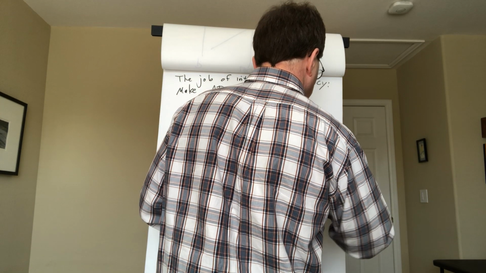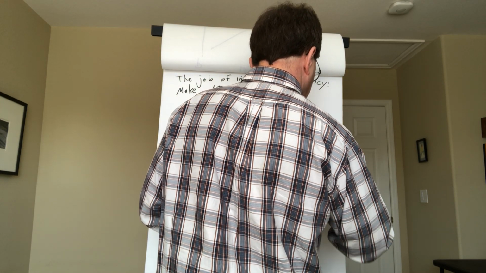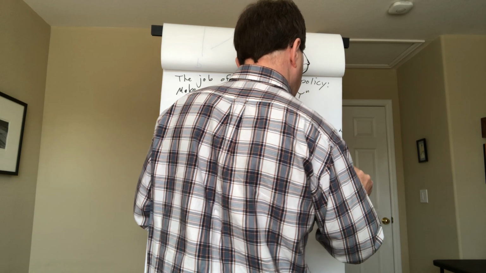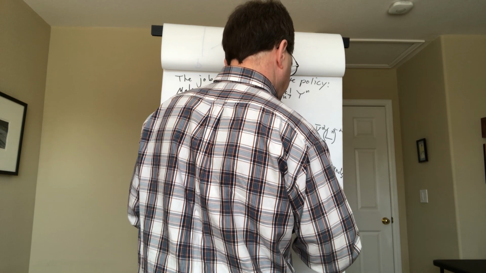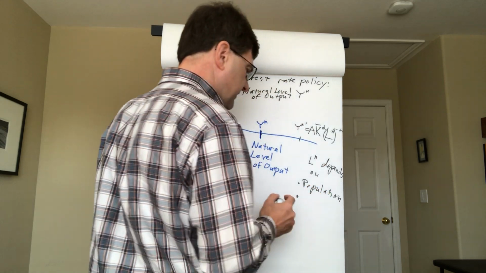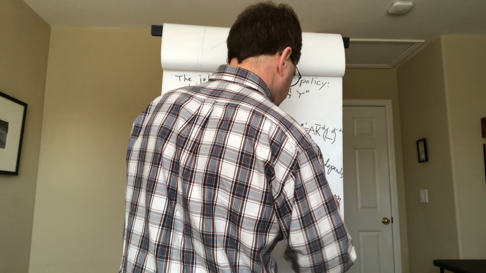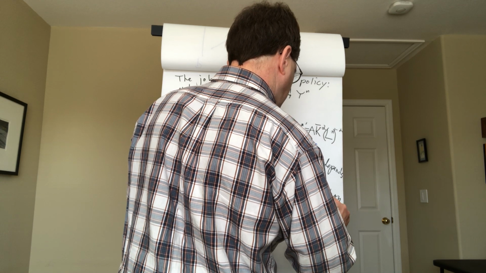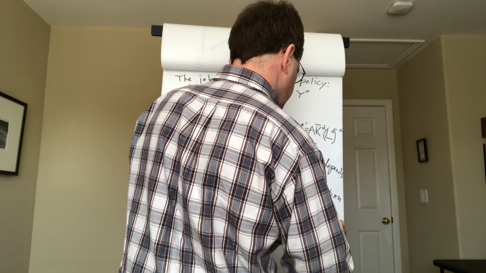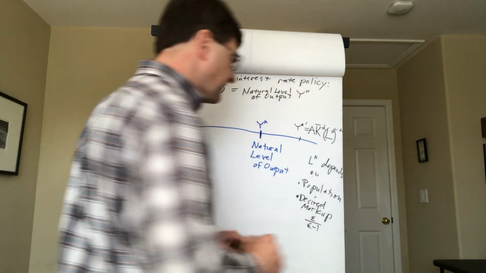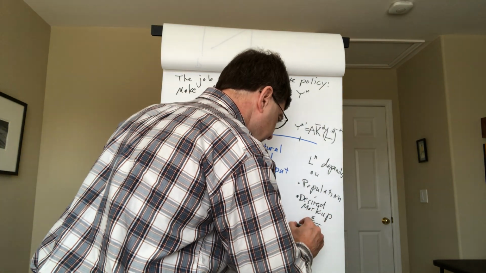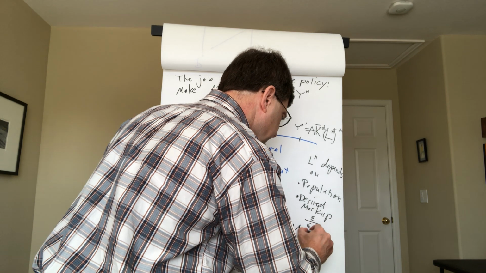Okay, so this natural level of employment, ln, depends certainly on the population, and it depends on the desired markup, which was price elasticity of demand over price elasticity of demand minus 1. Then it depends on marginal tax rates.